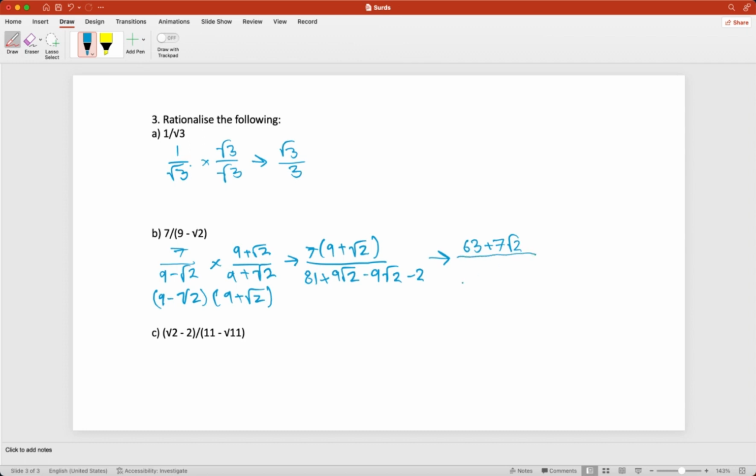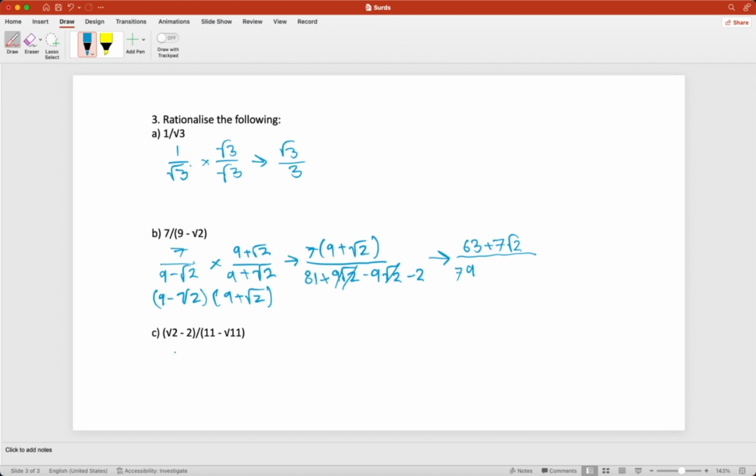That will be numerator, and the denominator will be 81 minus 2, 79, plus 9 square root 2 minus 9 square root 2, so this will cancel out. So then the answer is this, 63 plus 7 square root 2 over 79. See how there are no more surds in the denominator? That's what you're trying to do when you're rationalizing.